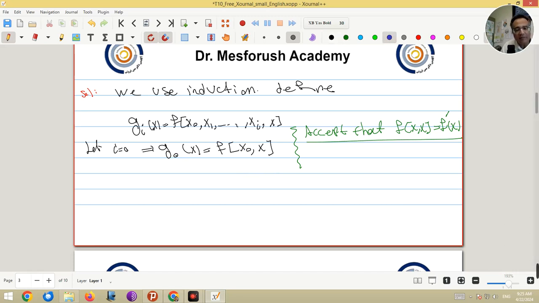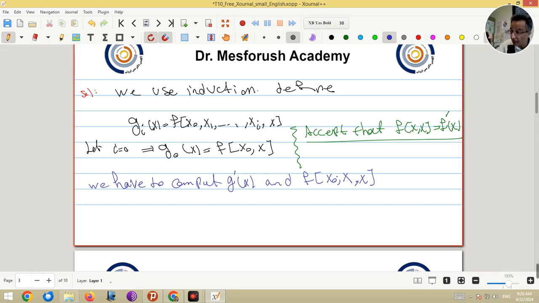First, f of x0, x and x, and the other one, g0 prime of x. If these two terms are equal, the problem is solved.